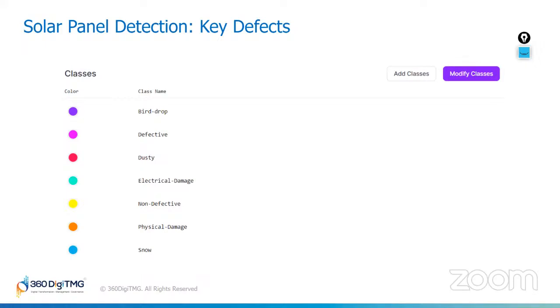Non-defective means the clean panels, whereas in defective panels, we had different types of defects, like bird drops, dusty solar panels, physically damaged solar panels, electrically damaged solar panels, and also some solar panels covered in snow. So we had taken all these cases into consideration while collecting the data. These were the key defects that we considered.